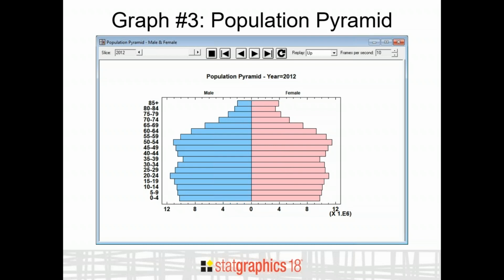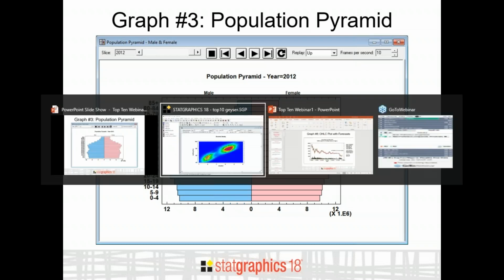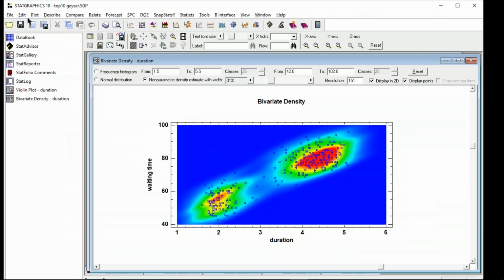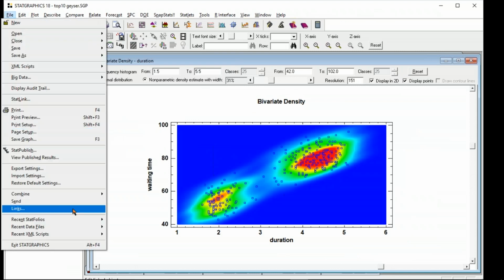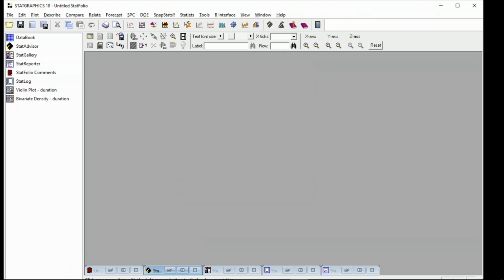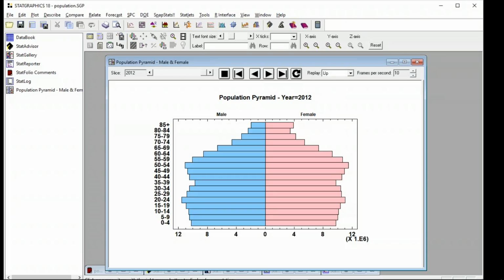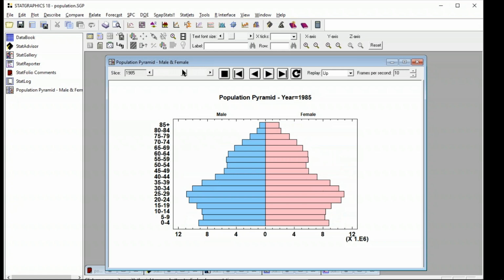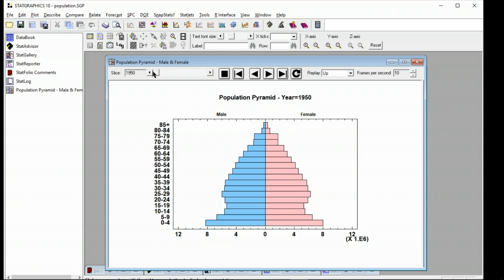Now, the way we've implemented this in Statgraphics is we've actually added some animation. So I'm going to go back to Statgraphics and open up a Statfolio that I put together showing the population pyramid. It's dynamic, though. I can, with this slider bar here, change the year for which the population is being displayed.